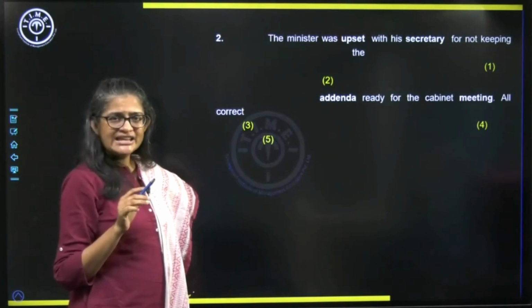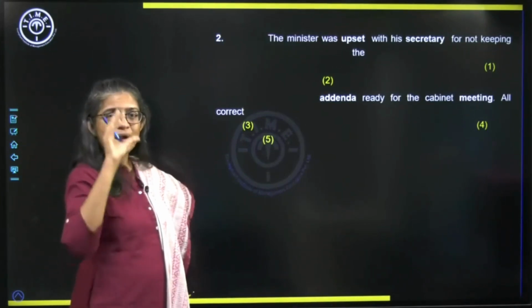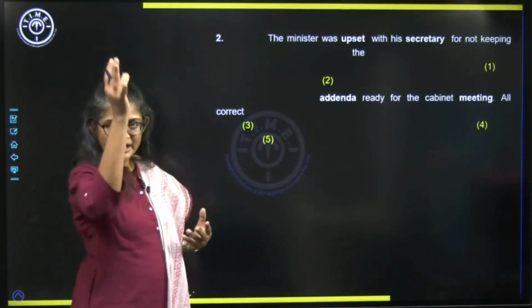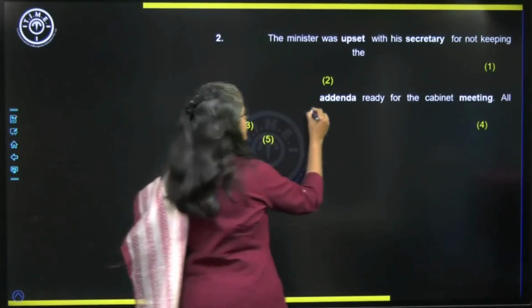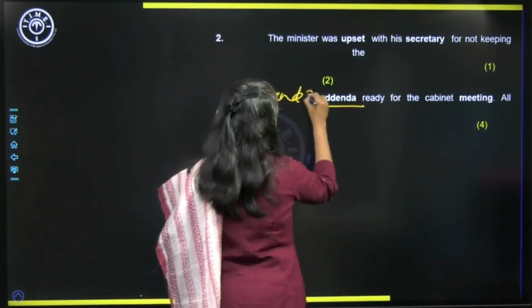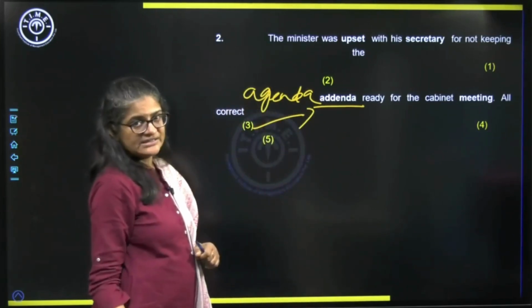It is not the addenda, but the agenda. Addenda is something you add to a book or to anything. Addenda would be an appendix, whereas here we are looking at the word agenda. So the number of agenda is 3, and that is our answer.